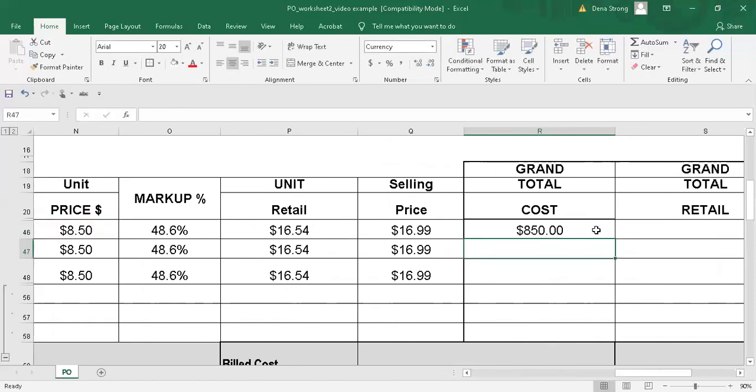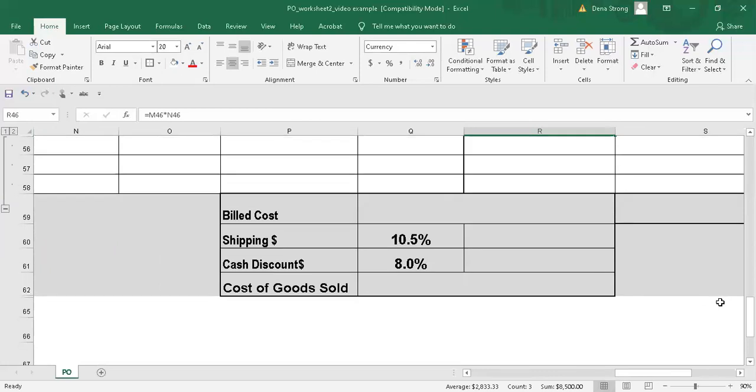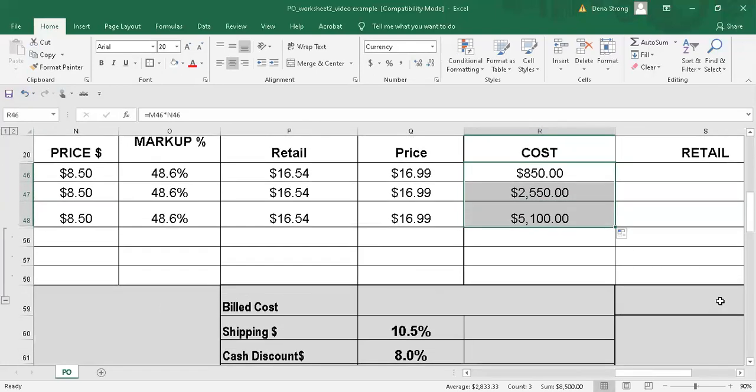All right, and once again, once you do one formula, Excel will populate the rest, and you can see here, this is the grand total cost, $850 for the black white check, $2,550 for the red hoodie, and then we bought a total of $5,100 in the basic black.